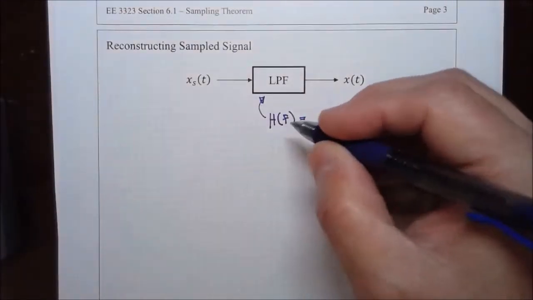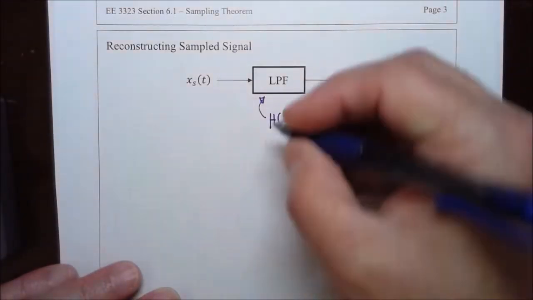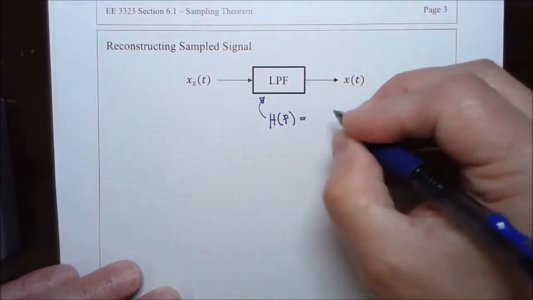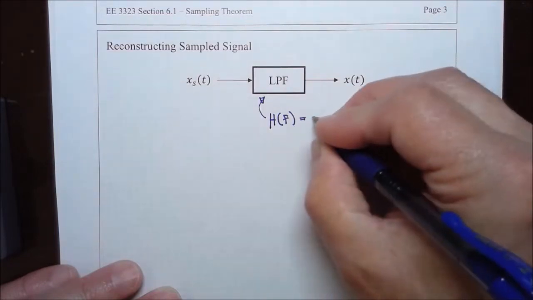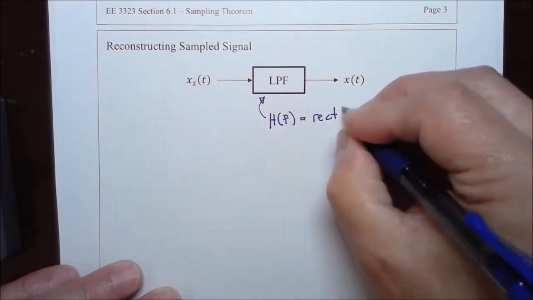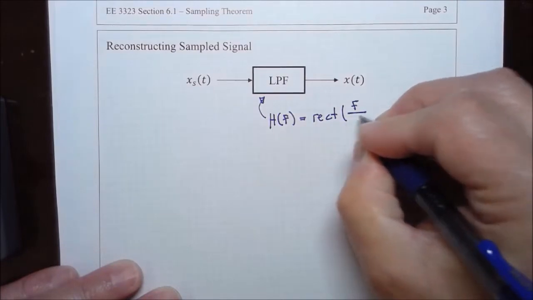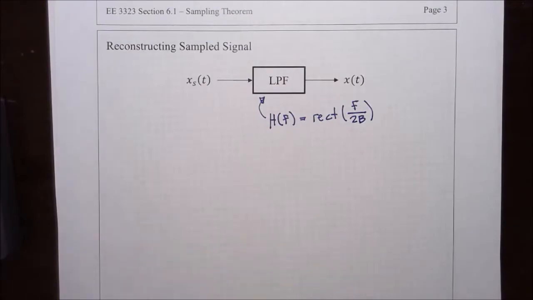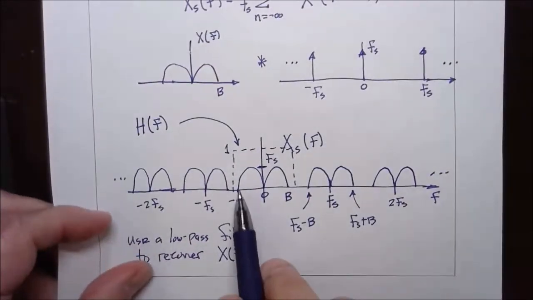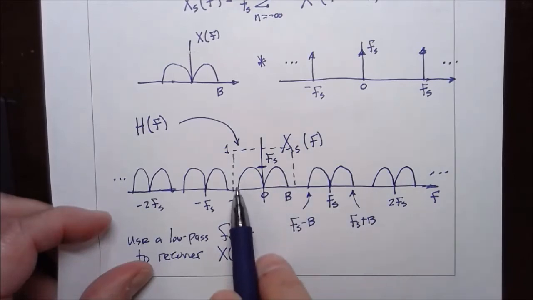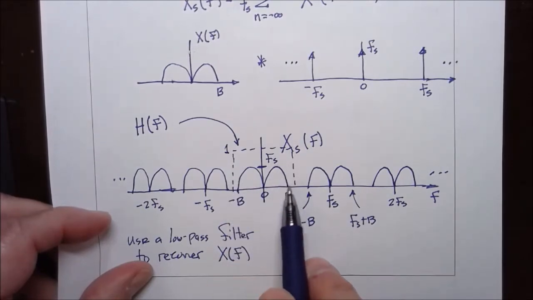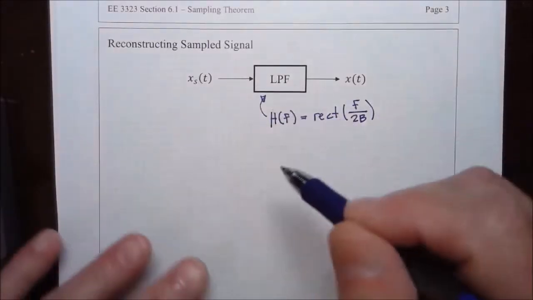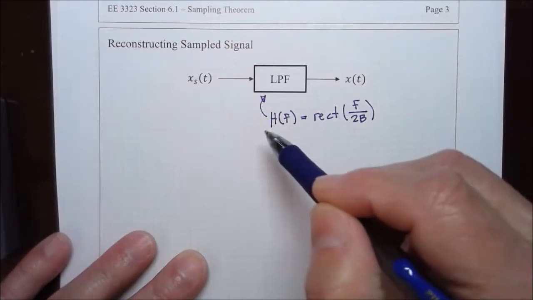So let's say that this low-pass filter has a transfer function that is equal to the rectangle of f divided by 2B. Okay, that would be a rectangle that would fit the spectrum of the original message signal, and we need to use a low-pass filter with this transfer function.